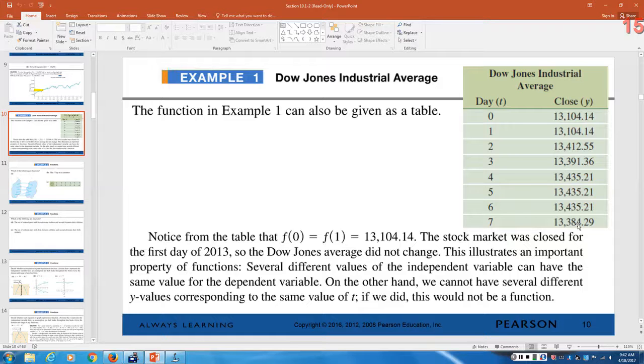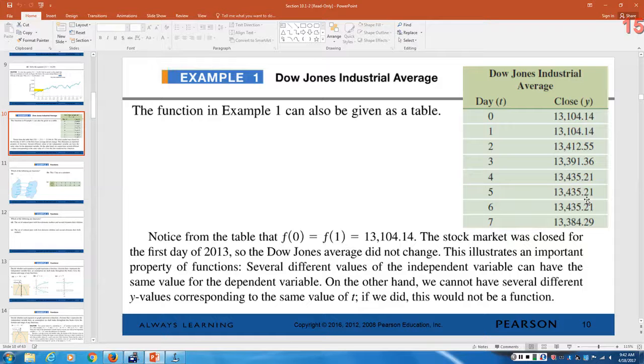Now, the reason that it stayed the same from 0 to 1 is because the stock market's closed on New Year's Day. So it isn't going to change from New Year's Day to January 2nd. So the point to that is that for each T, there is one Dow Jones Industrial, but for several different values of T, we can keep the same Dow Jones average.